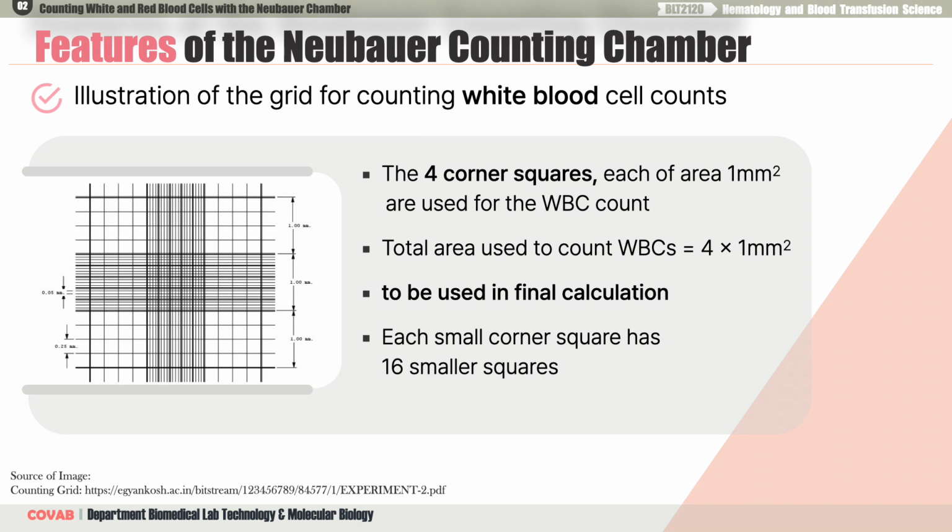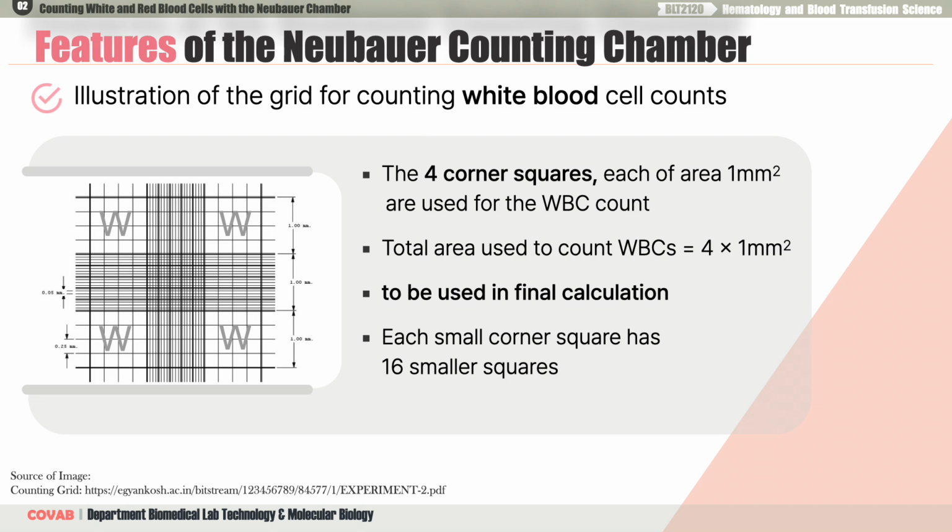Here we're looking at the counting grid under the microscope in relation to the counting of white blood cells. The counting grid consists of a large counting square, about 3 millimeters by 3 millimeters in area. And this large counting square consists of small squares. The 4 corner small squares are used in the counting of white blood cells.